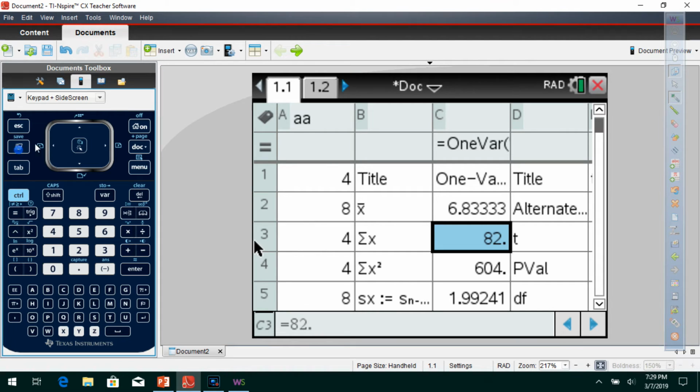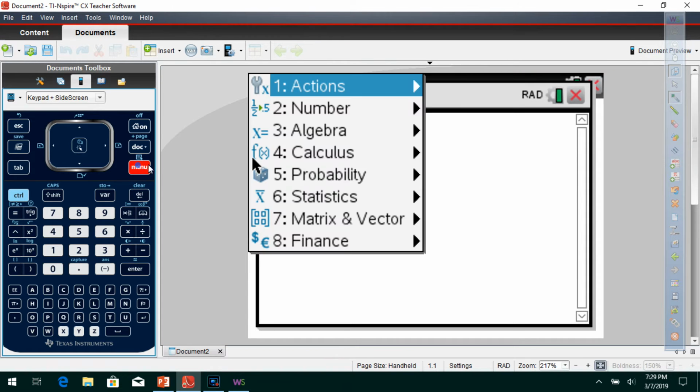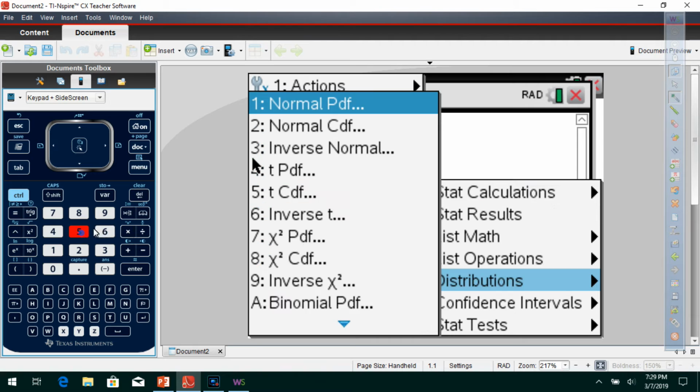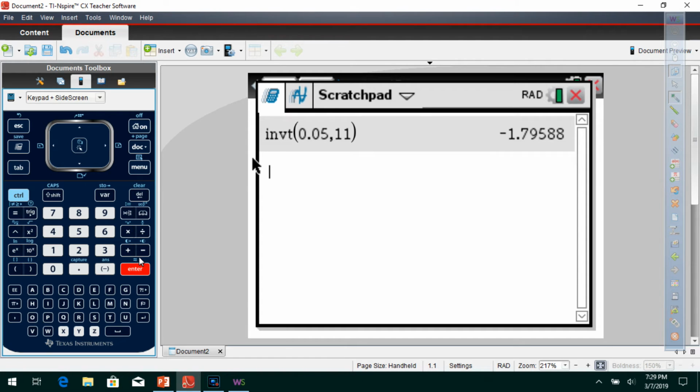First, let's get our critical t value. We're going to do menu 656, and the area is going to be 0.05. Our degrees of freedom are going to be 11, and we hit enter, and we got negative 1.796.